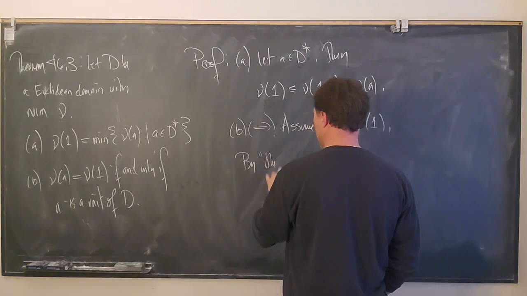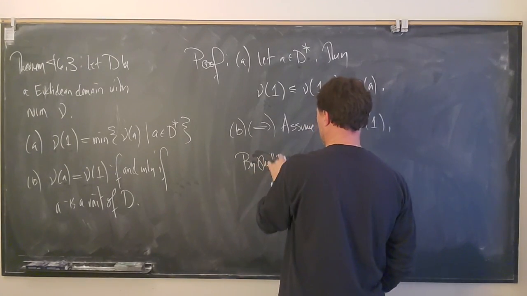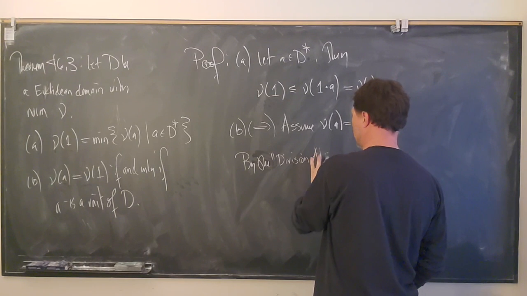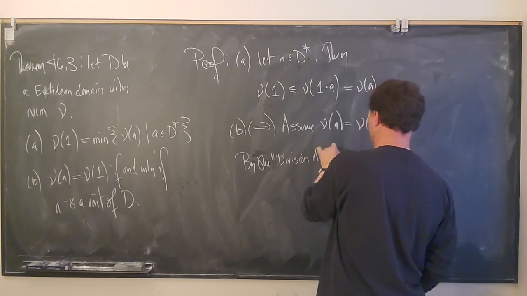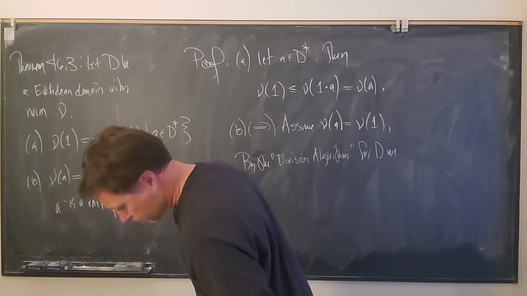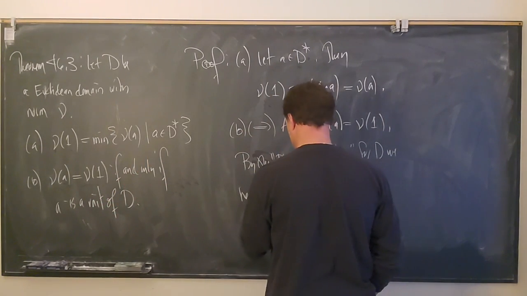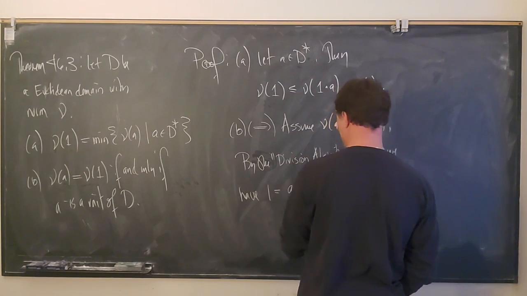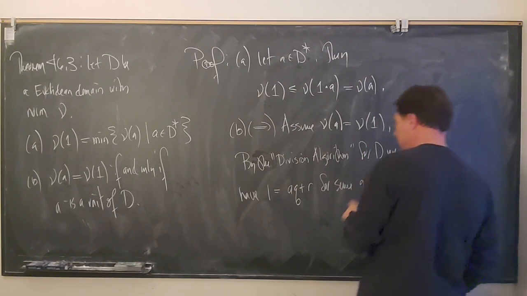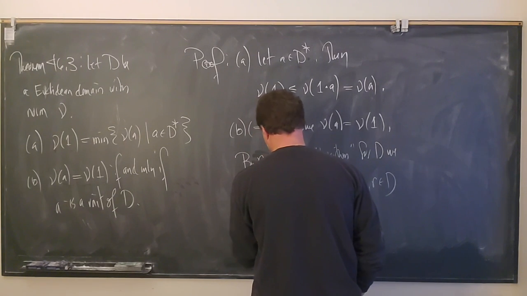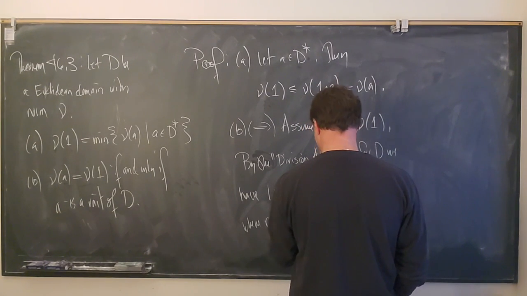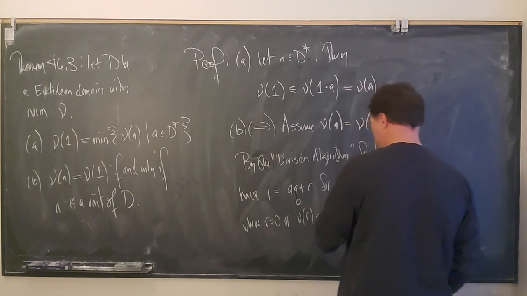So by the division algorithm for D, we have 1 is equal to AQ plus R for some Q and R in D, where either R equals 0 or the norm of R is strictly less than the norm of A.